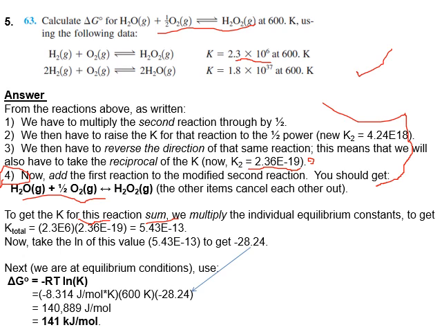And then if you come down here to this equation, you would then multiply that minus 28.24 times R and then times T, where the R is 8.314, and there's a negative in there, and that's part of the formula. So minus 8.314, and I'm just giving the numbers, times 600, which was given in the problem statement, 600 kelvins, times minus 28.24, and that will give you your answer. So you're finally finished. All right, next slide.